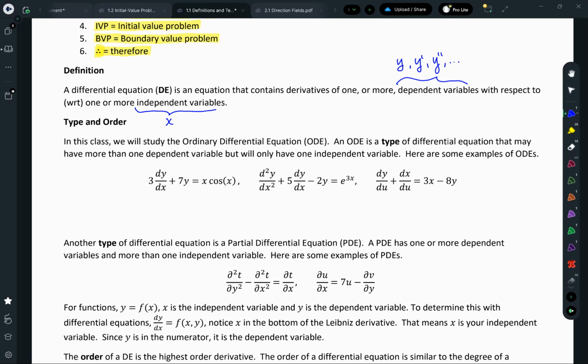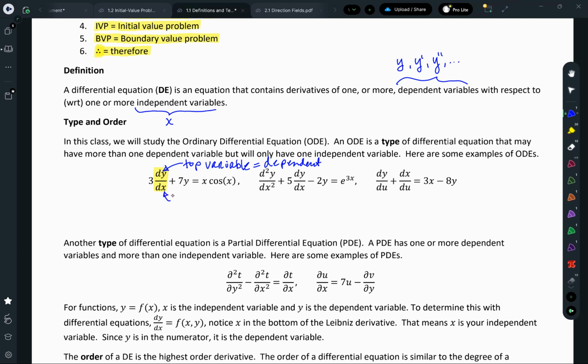Okay, and here's where I get to the explanation of how I know, based on the equation, what the independent variable is and what the dependent variable is. So this notation dy dx, that's our Leibniz notation for a derivative. The variable on top, so the top variable, that's always going to be the dependent variable.